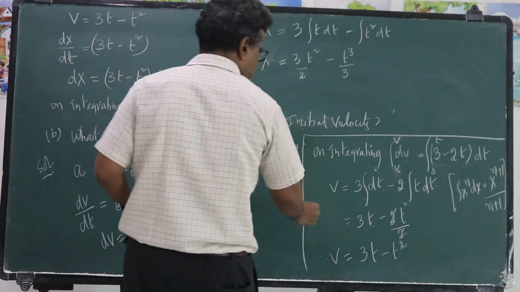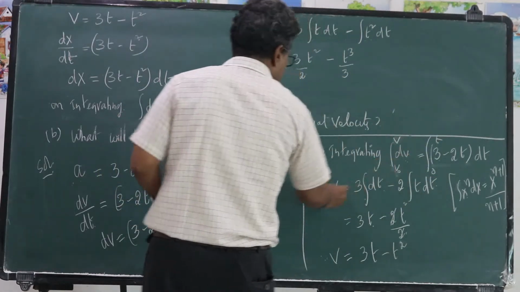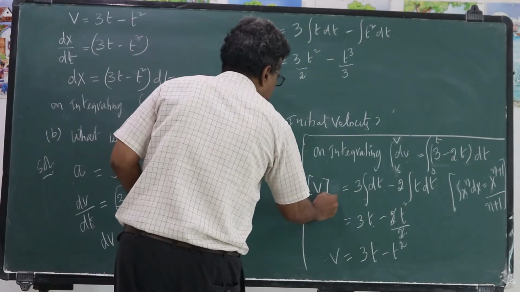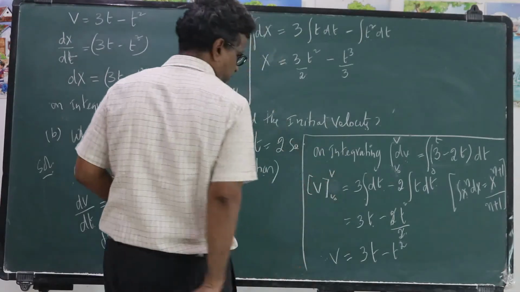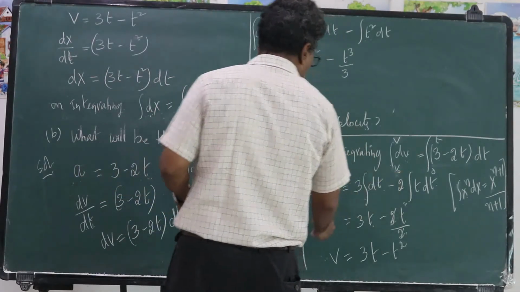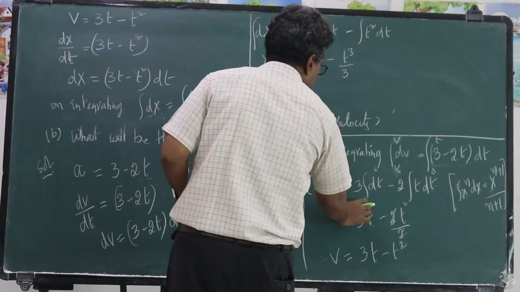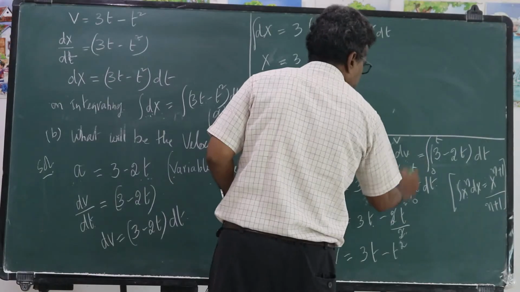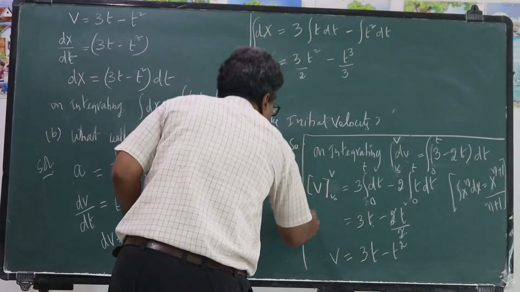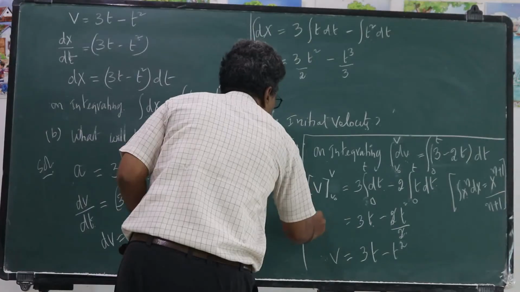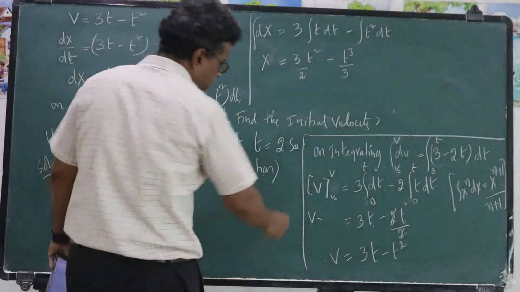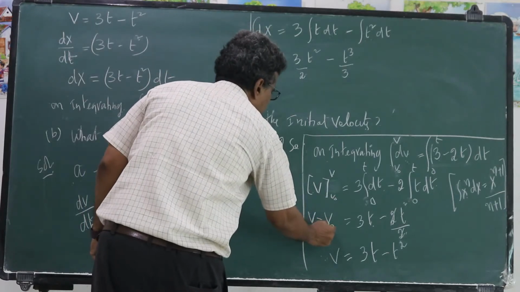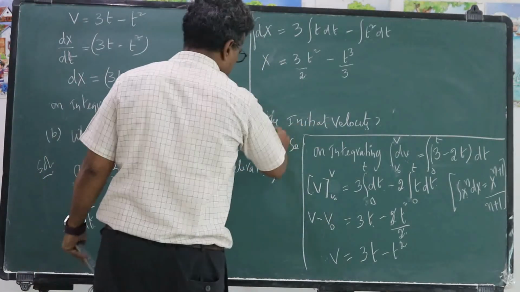Integral dv is v, substituting the limits v naught to v, upper limit minus lower limit, so v minus v naught, where v naught is the initial velocity.